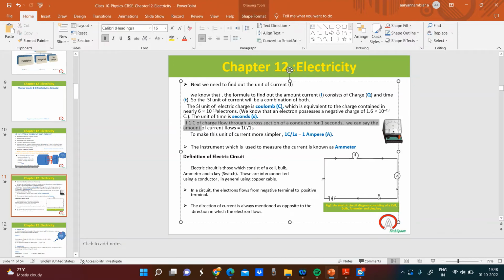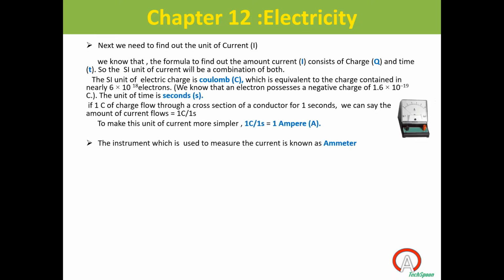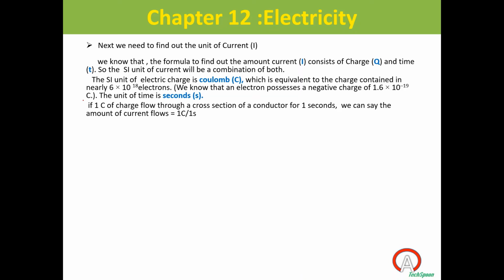If 1 coulomb of charge flowing through a cross section of a conductor for 1 second, comma, we can say that the amount of current flowing through that cross section is 1 ampere.